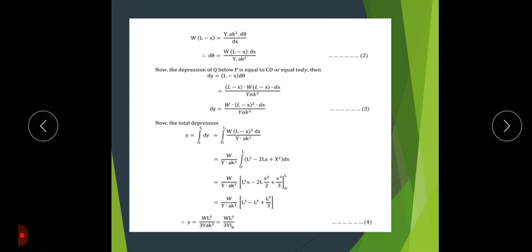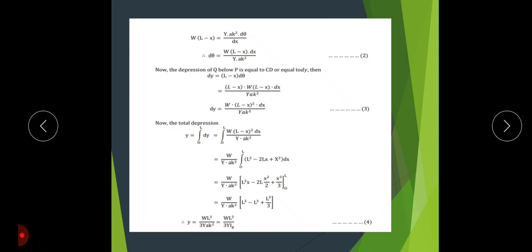So equation 1 becomes w into (L minus x) is equal to Y A k square into dθ by dx. We know that r is equal to dx divided by dθ, but r is in the denominator, so the expression becomes Y A k square into dθ by dx.